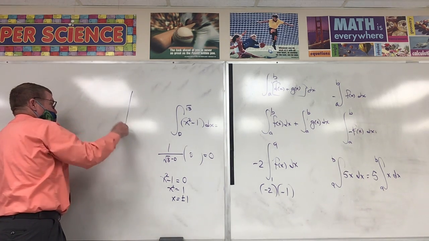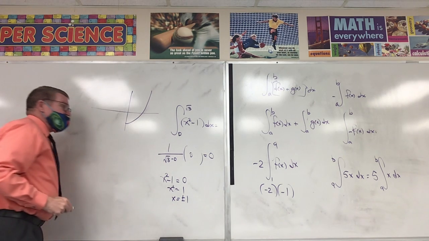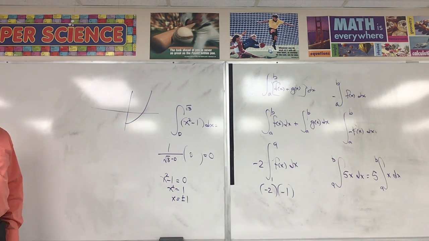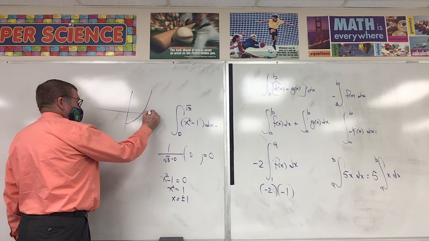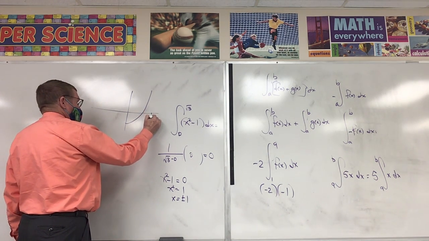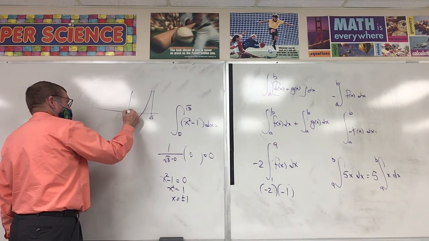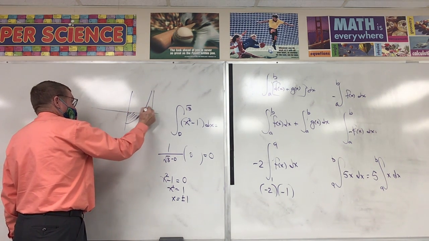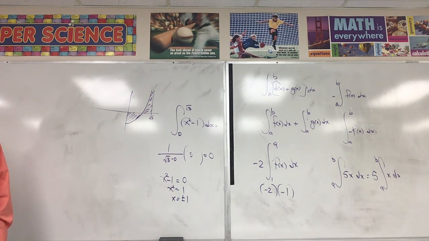And again, if I look at this, this is my graph, and I'm going from there to the square root of 3. So when I look at my areas, where does it equal my mean value?